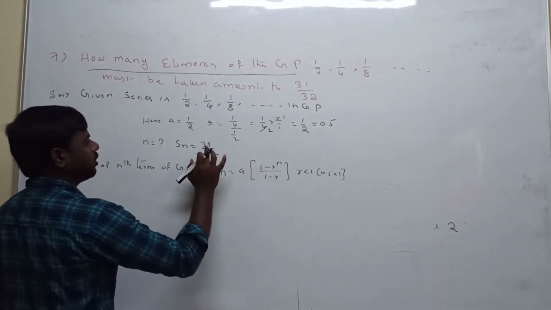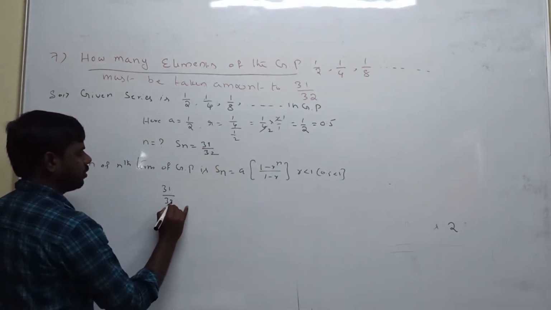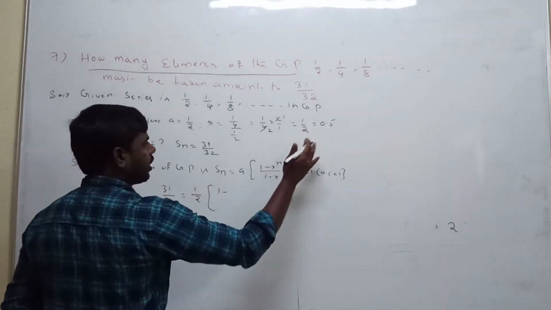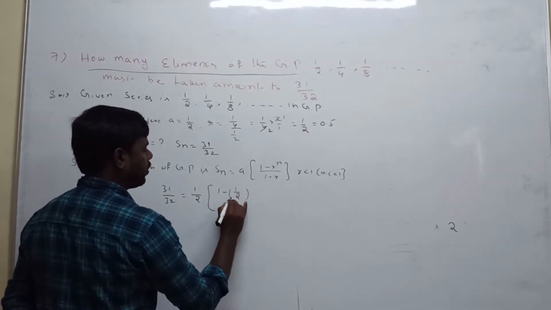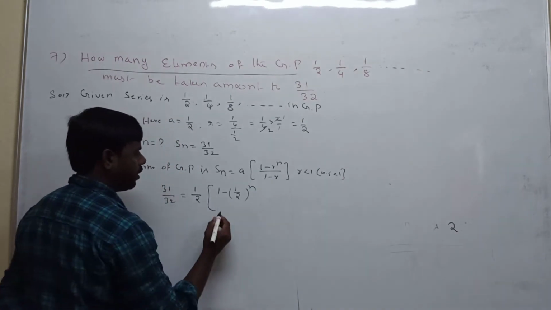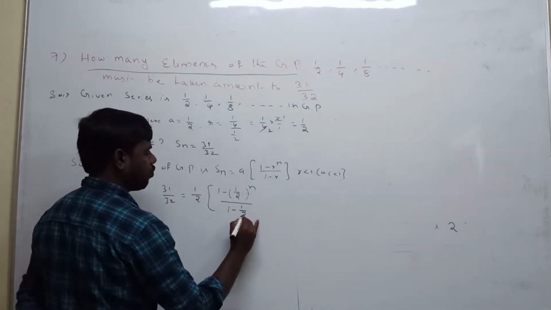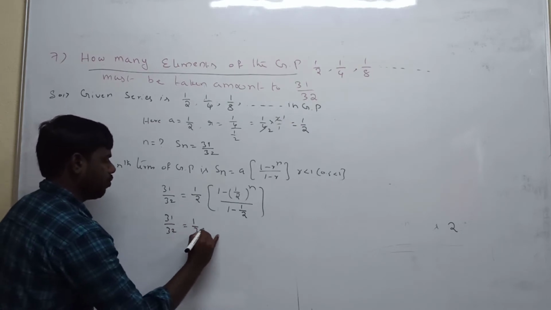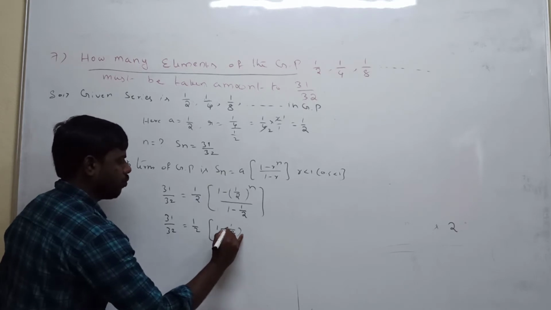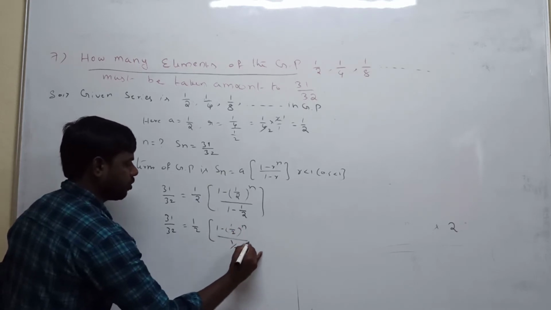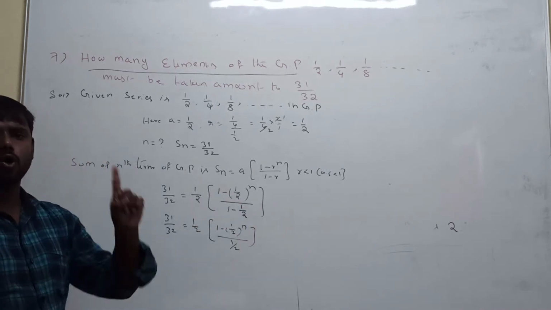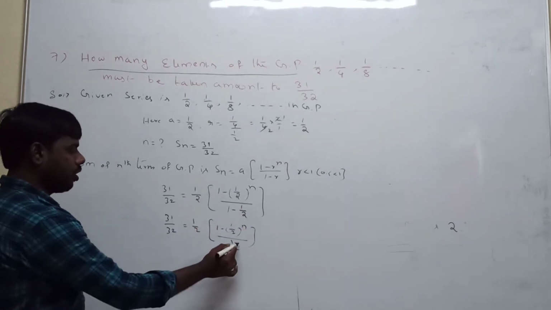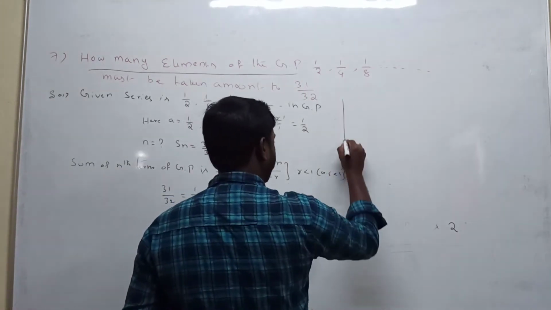Sn value they are given is 31 by 32, is equal to a value 1 by 2, into 1 minus r value, you can write 1 by 2, 0.5, 1 by 2 whole to the power of n, divided by 1 minus 1 by 2. 31 by 32 is equal to 1 by 2, 1 minus 1 by 2 whole to the power of n, divided by 1 minus 1 by 2, whose value is 1 by 2. So now the halves get cancelled.